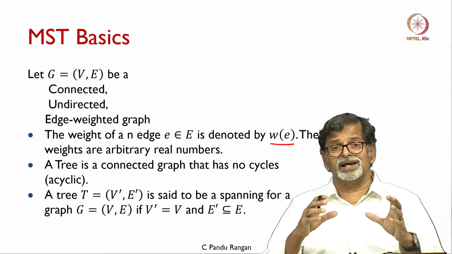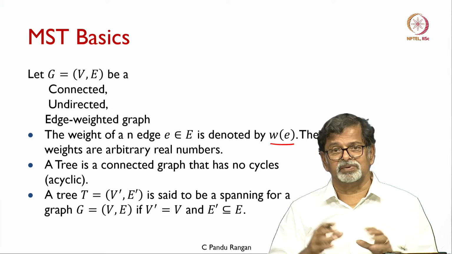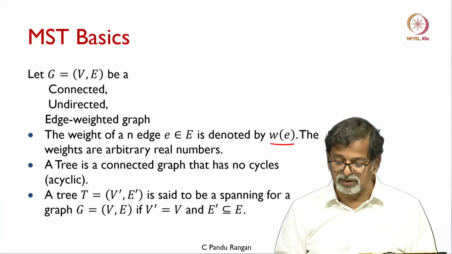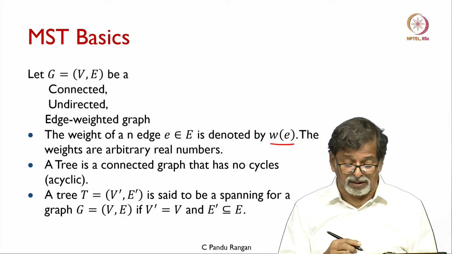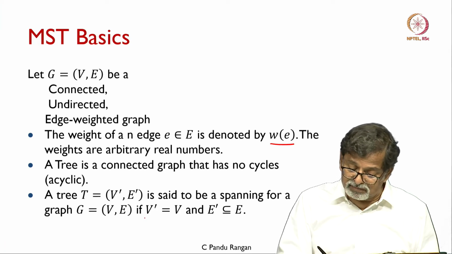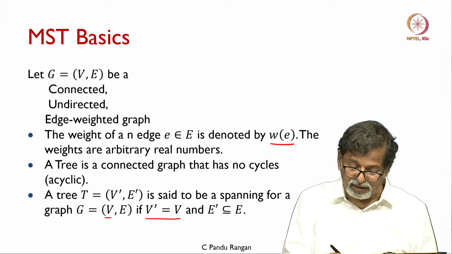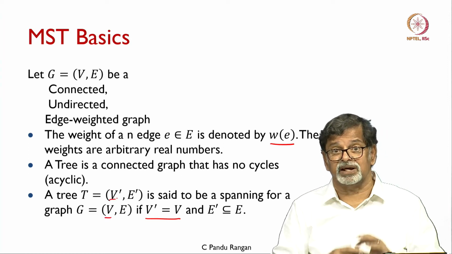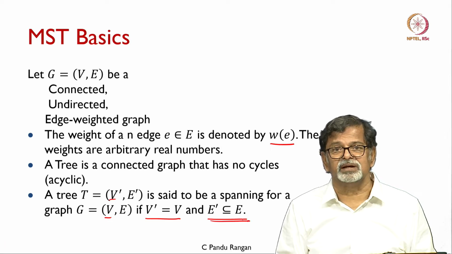A tree is a connected acyclic graph, the basic definition of a tree. A tree is said to be a spanning tree for a graph if the vertex sets are identical. You can see that V and V dash, the vertex set is the same. The edge set is a subset of E.